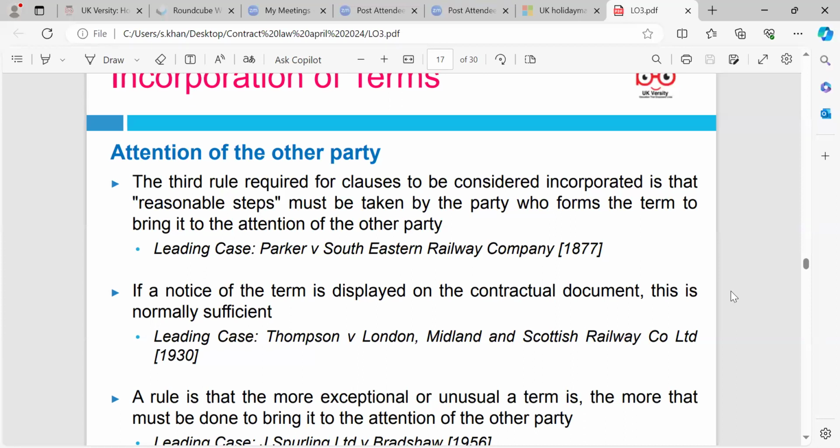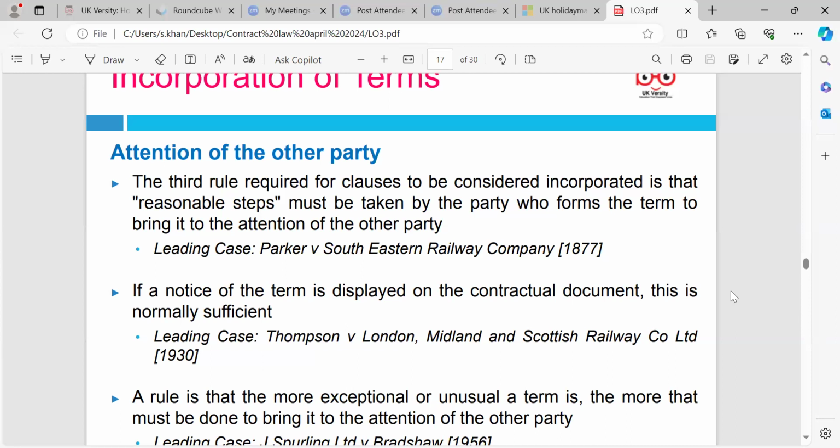SER claimed it was irrelevant whether Parker had read the notice or the ticket because a party could still be bound by contract irrespective of whether he had read its terms. They argued that they had taken sufficient steps to bring the terms to the customer's attention.